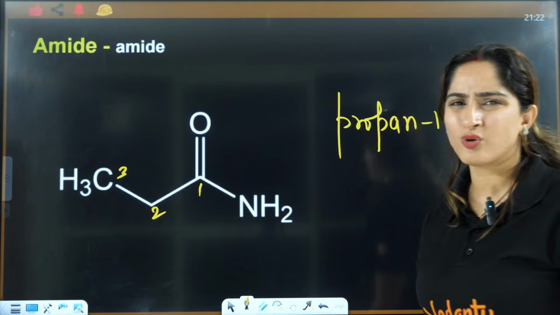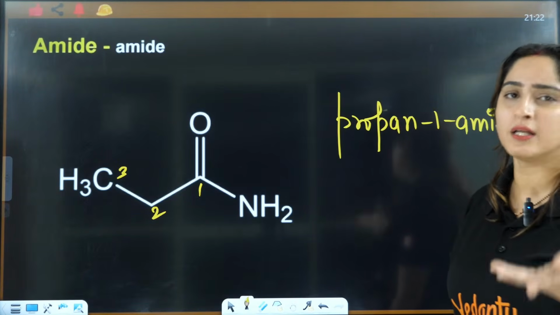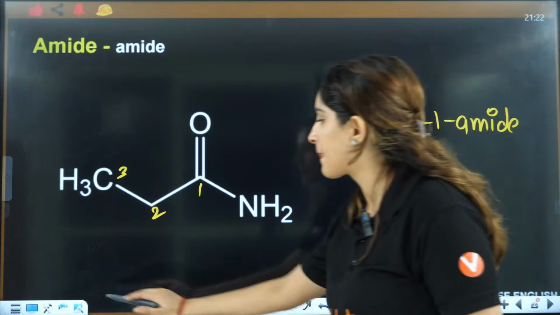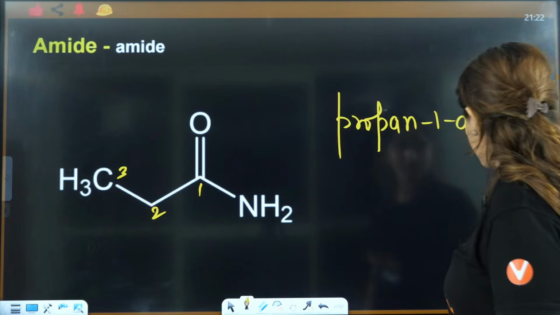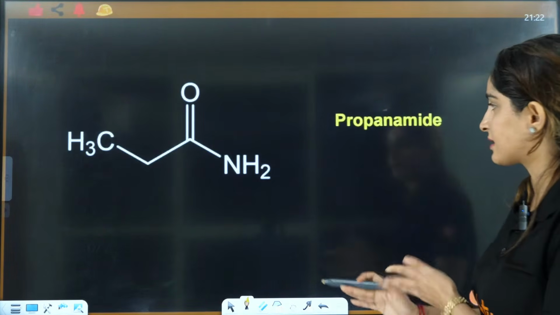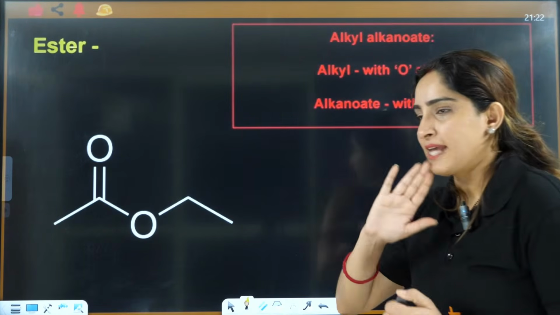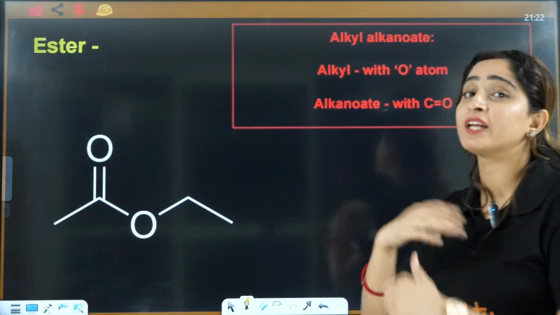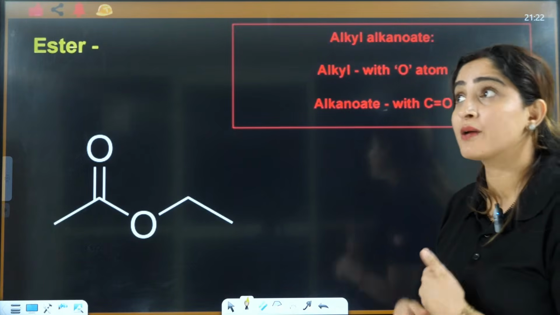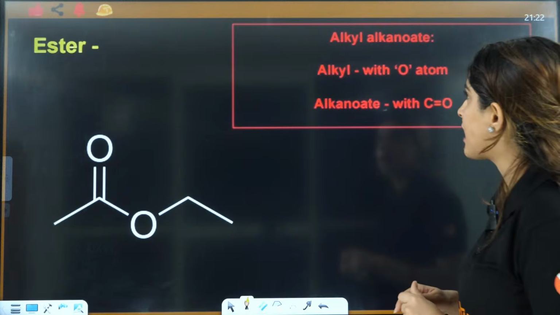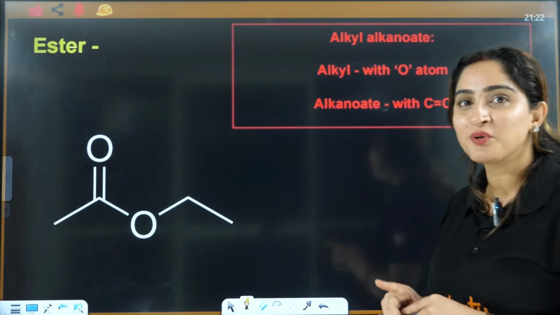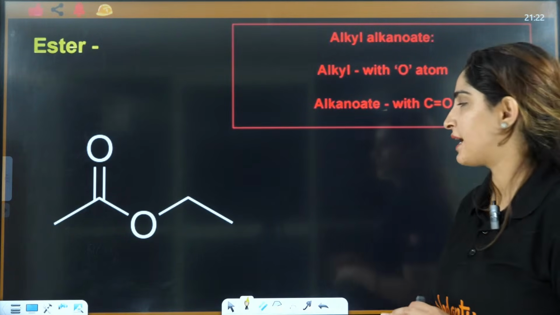So this is also at terminal positions only, right? Tell me, if that is clear. If that is clear, we are moving towards polyfunctional groups, where the more interesting part will start. But before that, you should know how to answer individual groups, right?